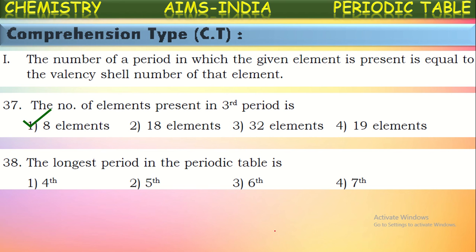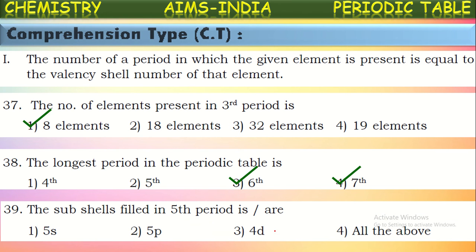Then sixth and seventh periods contain 32 elements each, so they are called longest periods or very long periods. Earlier the seventh period was incomplete, but scientists have now discovered those elements also and filled the seventh period completely. So now we can say sixth and seventh periods both are longest periods.